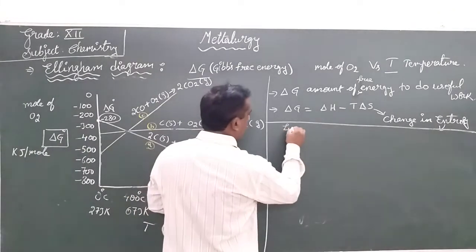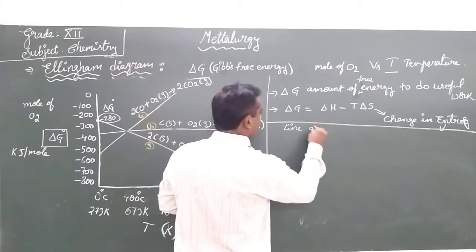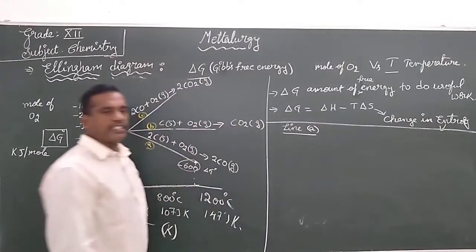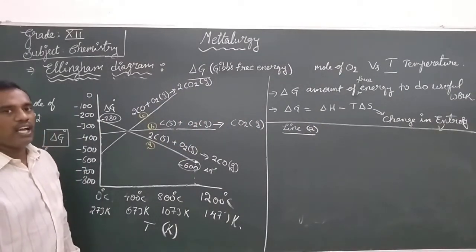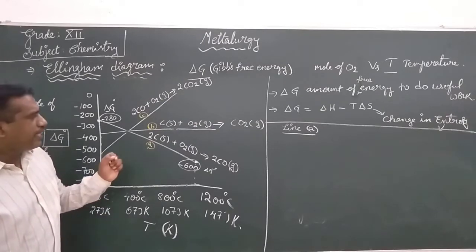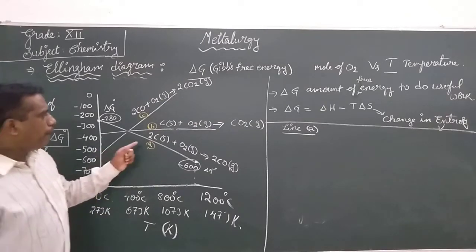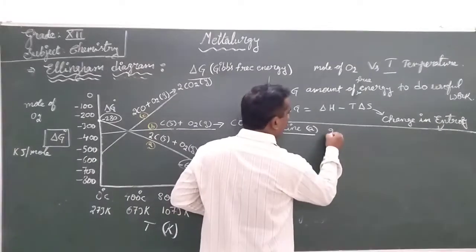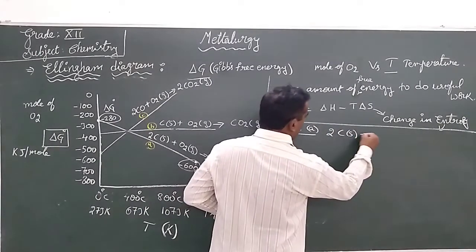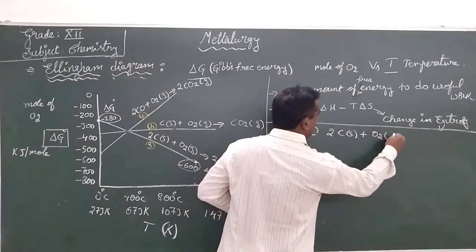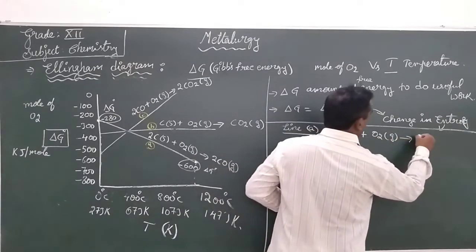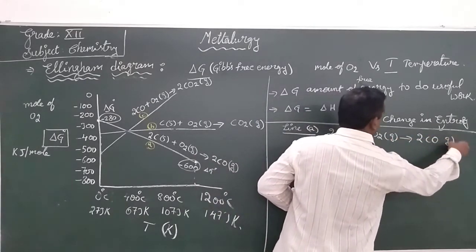The line A, first let us see about the line. It is the line that is observed by the reaction of carbon coke with oxygen gas to form carbon monoxide gas.